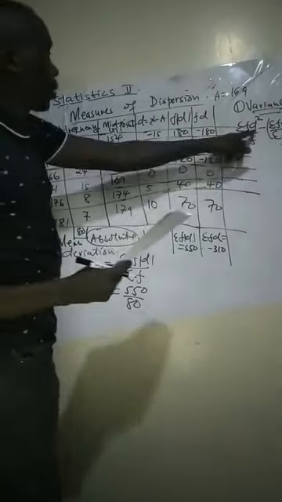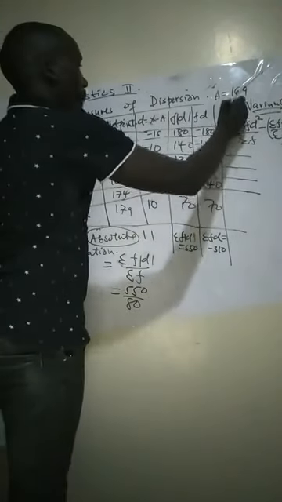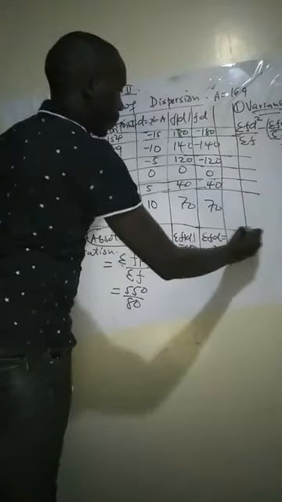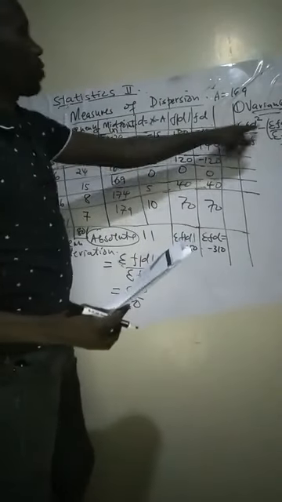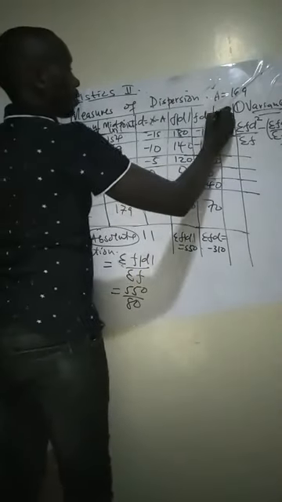Then in the other case, we have FD squared. So I need the summation of FD squared.